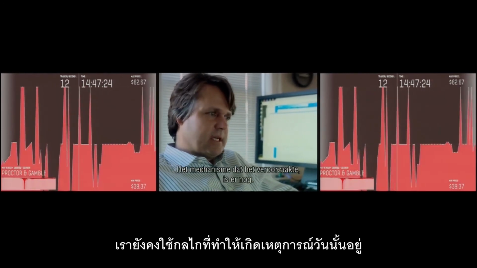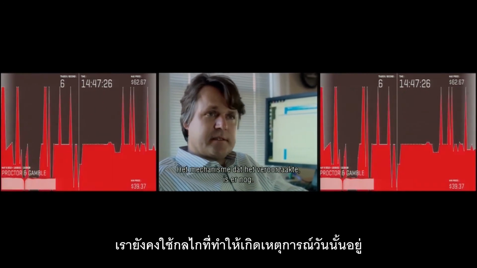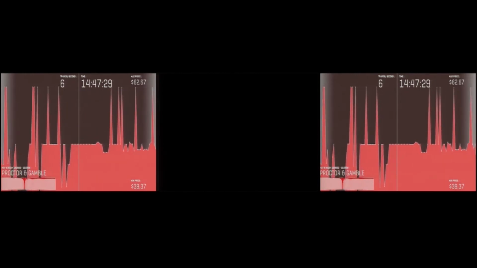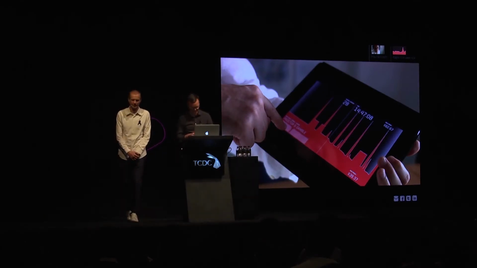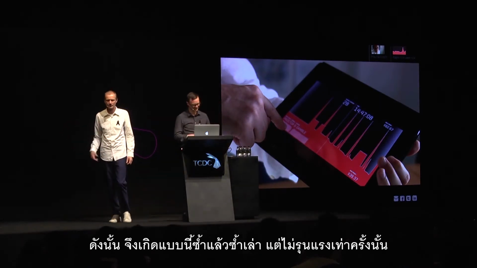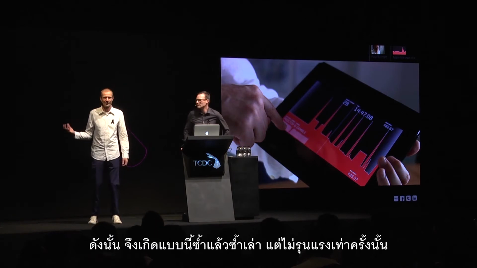The same mechanism that caused it on May 6th is still there. Yeah, so it happens again and again, but not at that magnitude.